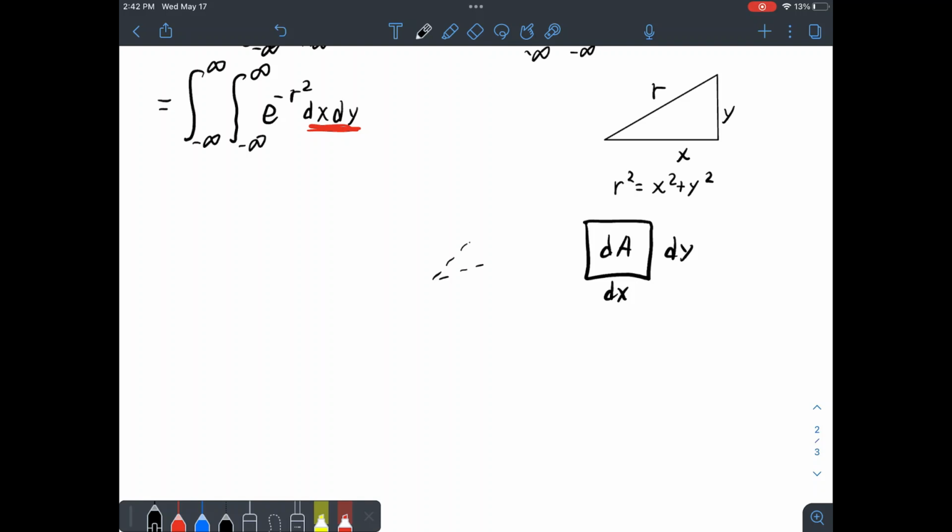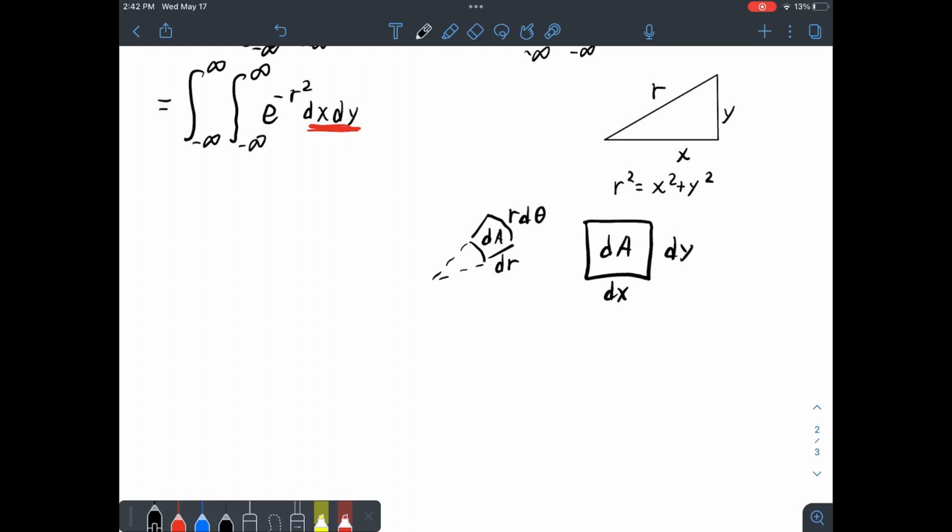Let me draw this better. There we go. So arc length here is going to be some radius times some small infinitesimal change in arc angle, d theta. Then we multiply this by dr, which is some small change in r, and this also gets us dA.